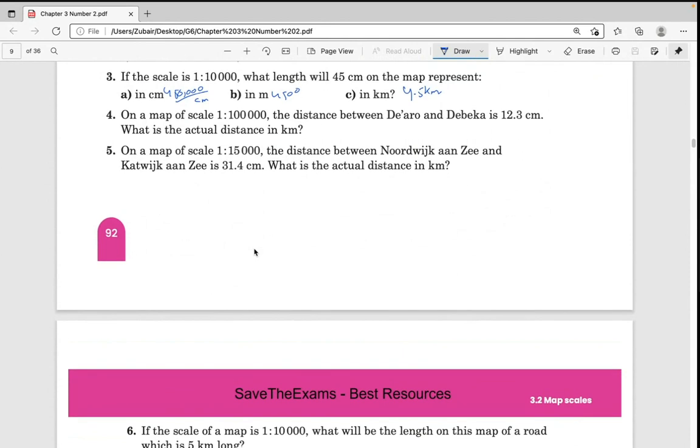On a map of scale 1:100,000, if the distance between two places is 12.3 centimeter, what is the actual distance in kilometers?